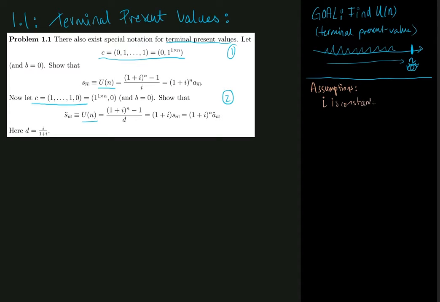And also, it's quite implicitly assumed that I is different from 0, because we divide by I in the denominator here. We're asked to show this result. So if we're asked to show that, then I cannot be 0. So we also assume that I is different from 0. Another assumption is, luckily, that we only have to consider the contribution payments, C, because apparently the benefit payments are 0.